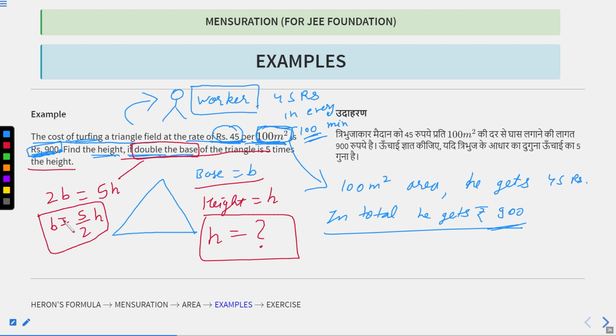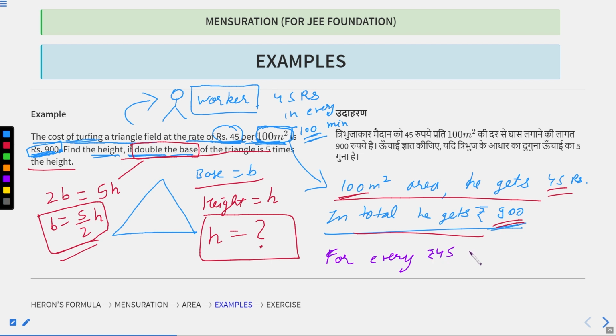Now we have this information. If a worker charges 45 rupees every time he covers 100 meter square, and if he gets 900 rupees, how much did he cover?